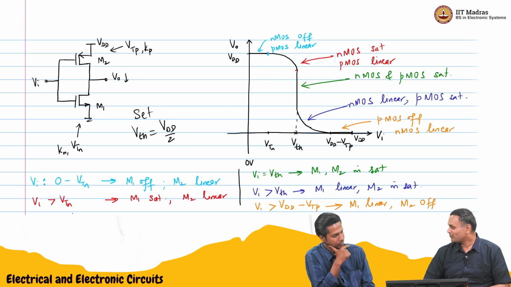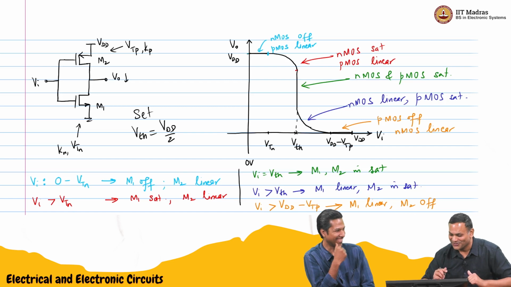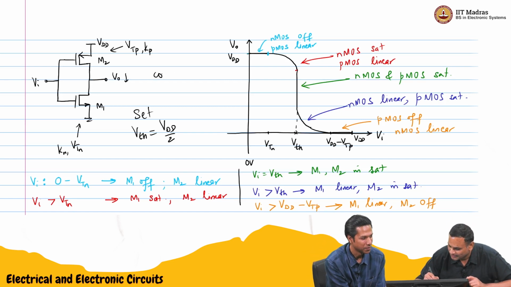So NMOS, PMOS inverter. Shall we better call it? We want a better name. We have both N type and P type. So the word I think we should use is complementary. That is the word you are looking for.